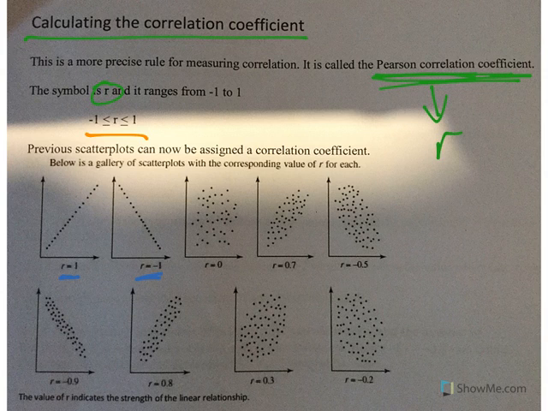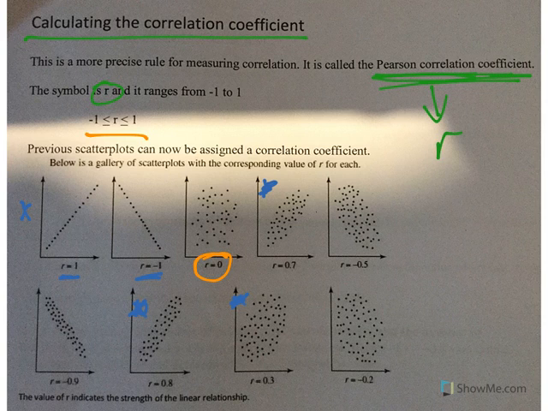And if you've got something where there's no association whatsoever, like this middle one here, R is 0. Those dots are all over the place. And then there's variations. So let's compare these particular ones that I've just put the stars on. As you can see, we go 1, then down here 0.8, down here 0.8, and then over here 0.7, and then down here 0.3.